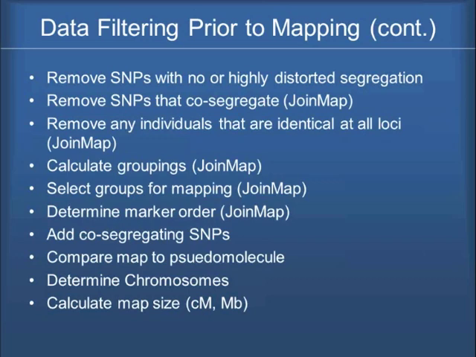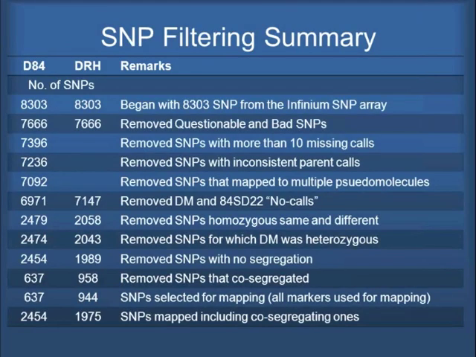We're going to calculate the groupings, select groups for mapping, and determine the marker order. Then we can go back and add in the co-segregating SNPs, and we can compare these to the pseudomolecule that Robin talked about, determine the chromosome that these linkage groups correspond with, and also calculate the map size.